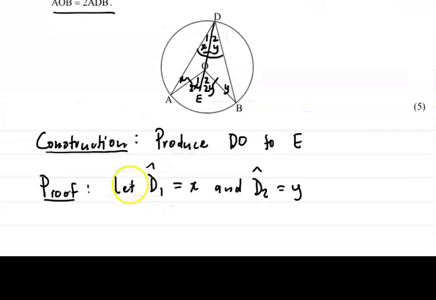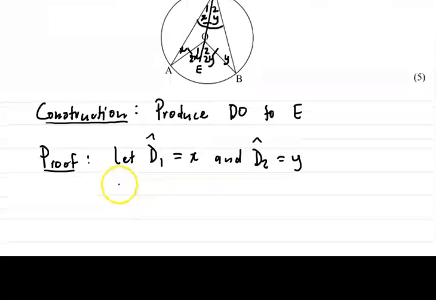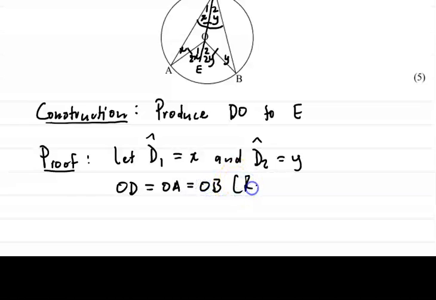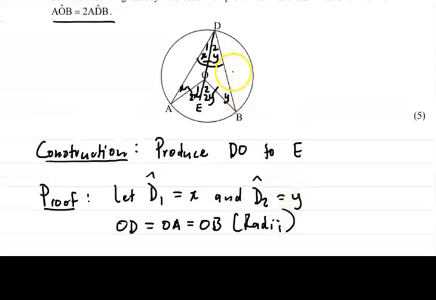So therefore we wrote our first statement with its reason. We said OD equals OA equals OB, radii.